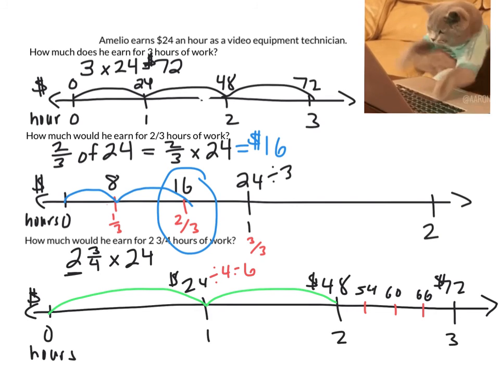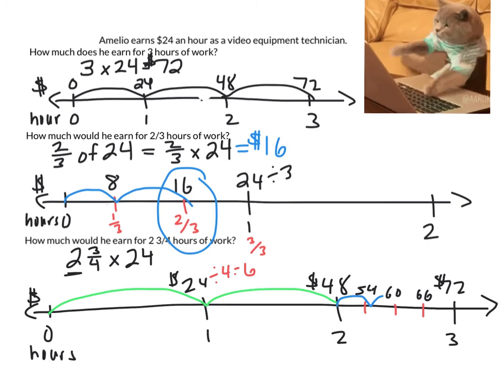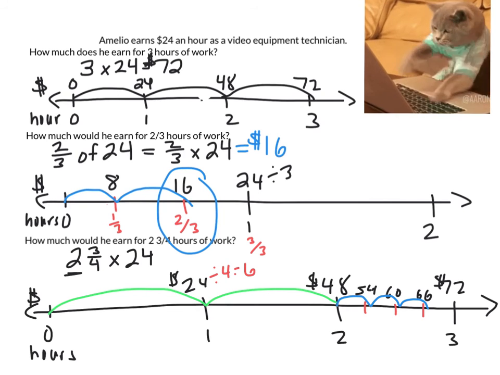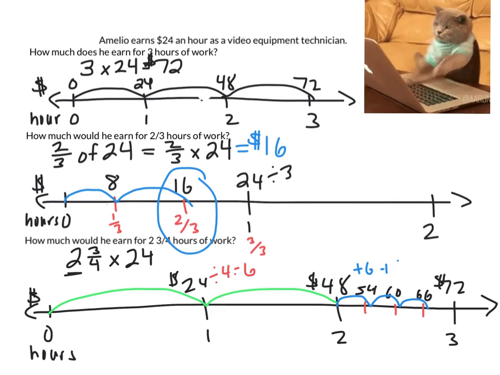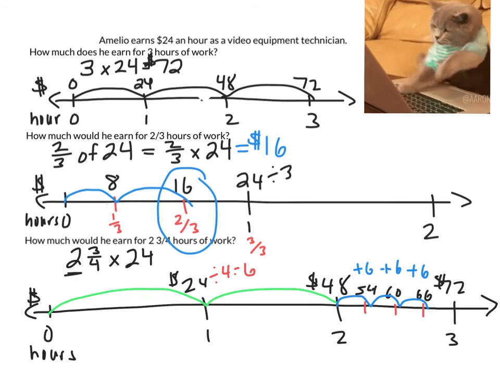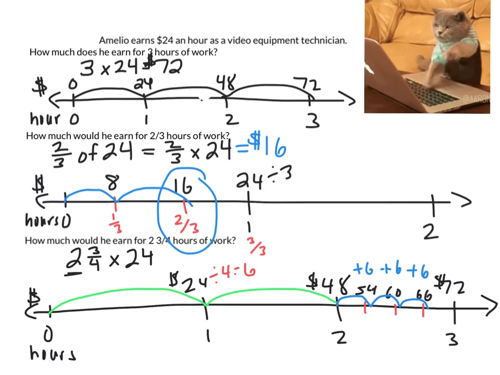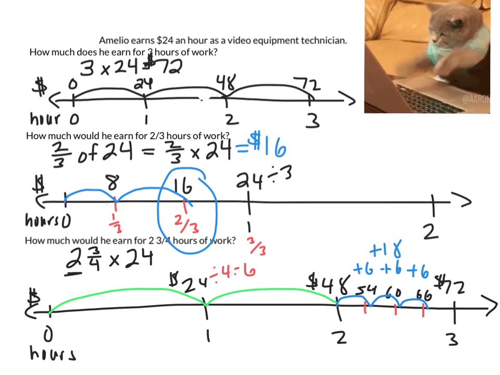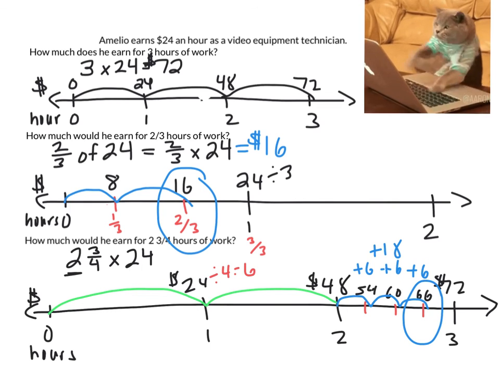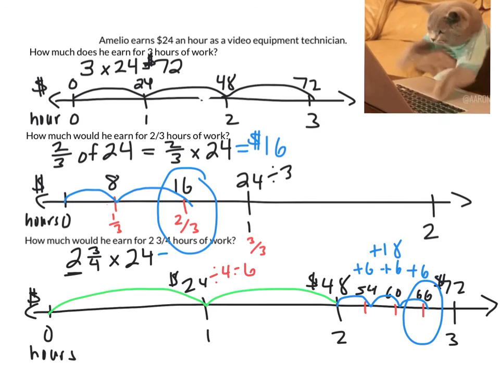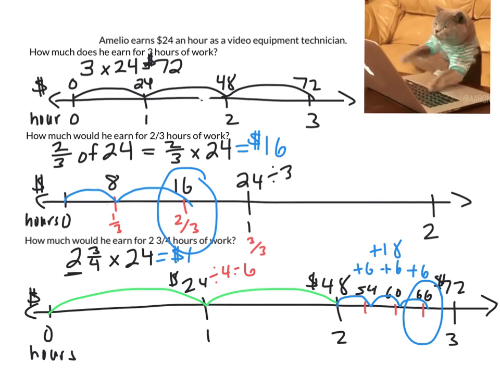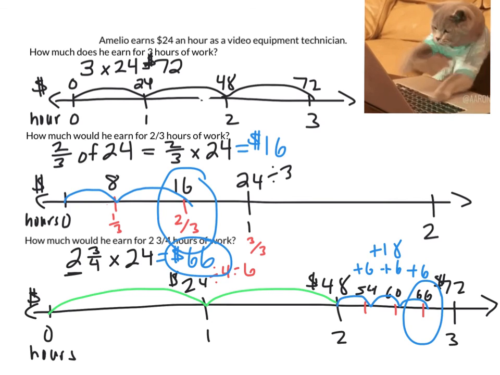So now when I jump for my 3/4 of an hour, the other way we could do it if you didn't want to count on here is you could essentially take 48 and do plus 6, plus 6, plus 6, or even thinking about, since we have 3 groups of 6, that we're essentially adding 18 here, if you wanted to make that jump. But any way we kind of think through it, we're going to find out that if Emilio would work for 2 3/4 hours, he is going to make $66 for his time.